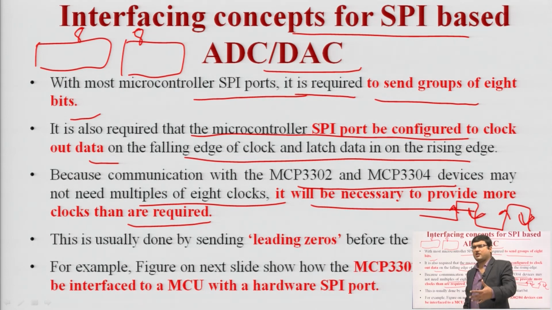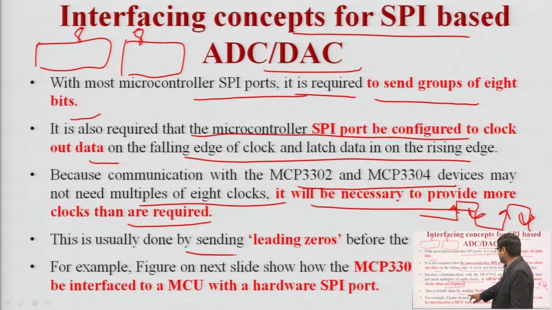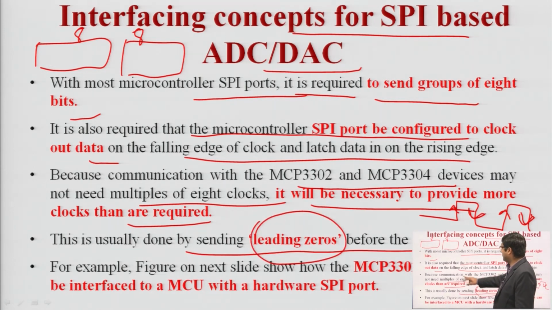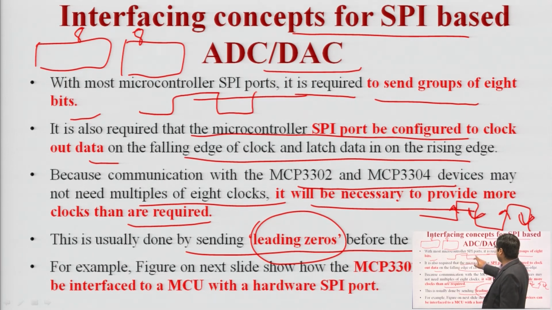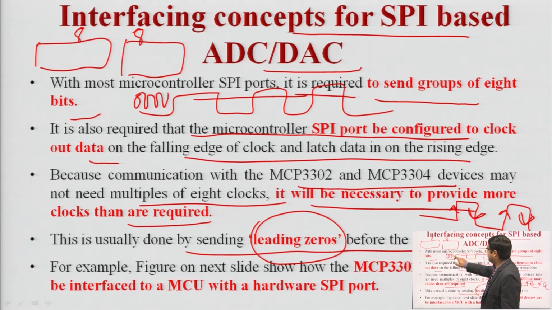For each 8 bits you need 8 clock pulses, but we provide more clock pulses so that if one clock pulse fails to execute, we have another clock pulse which can convert this data into the output form. This is usually done by leading 0 before the start bit. Before the input and output conversion, we need to send leading 0 before the start bit.